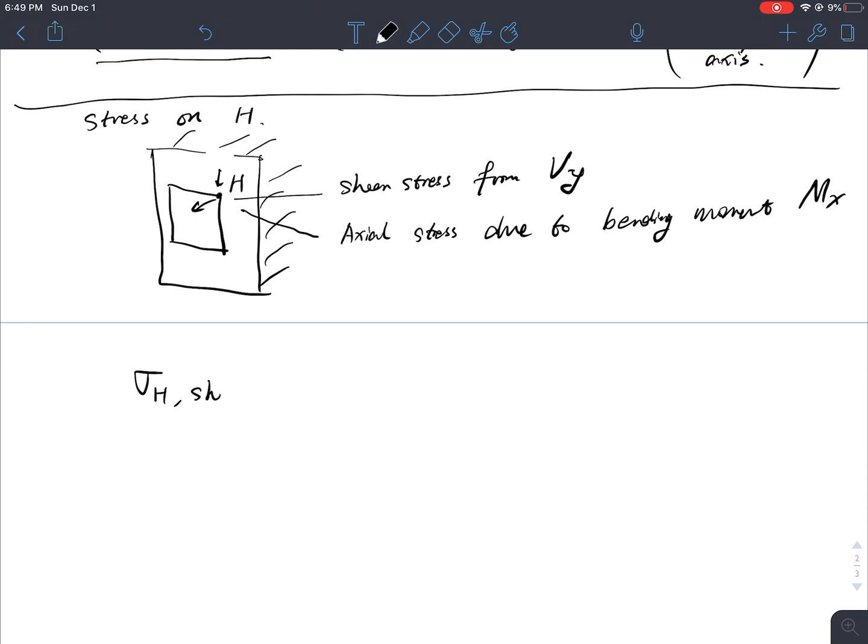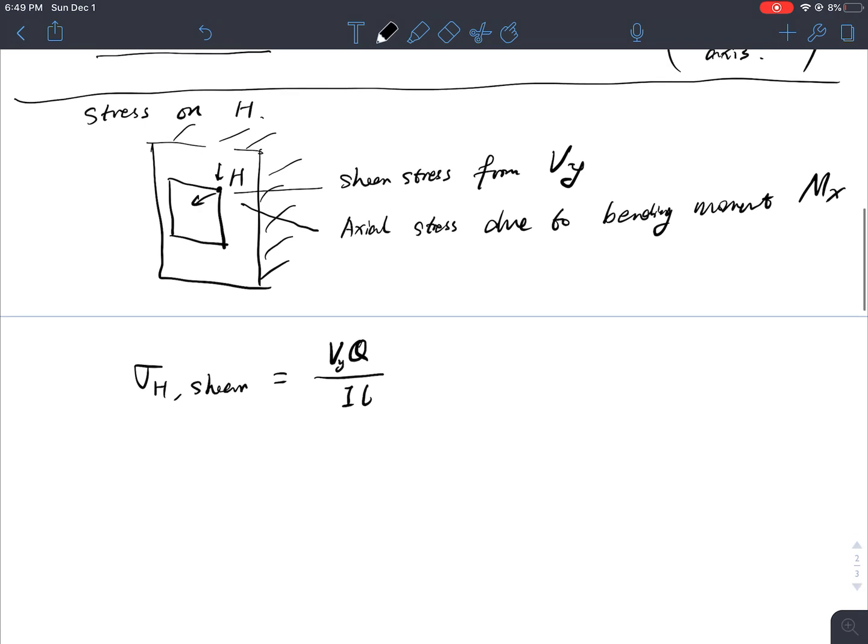So sigma H shear will equal VQ over IB. And mind you, here this is Y, sorry, and this is T actually. So the shear force is actually P. And what is Q at point H?